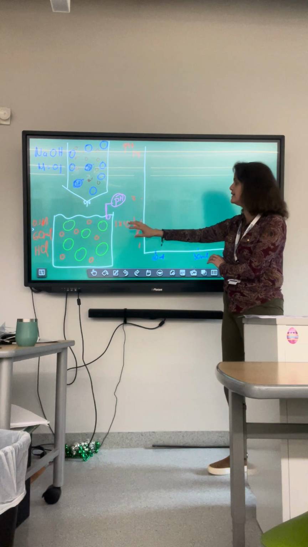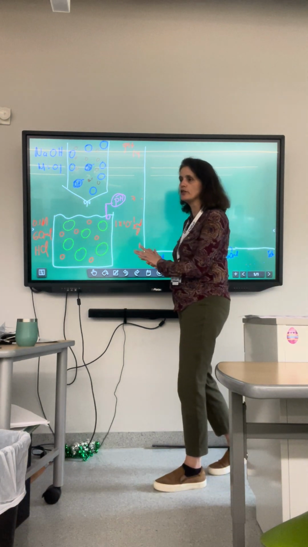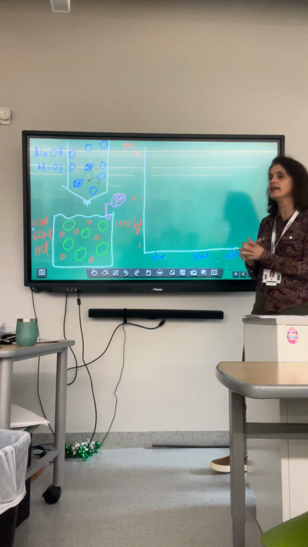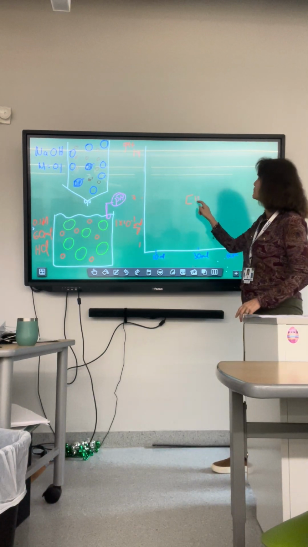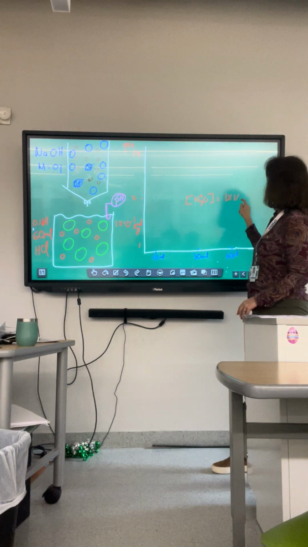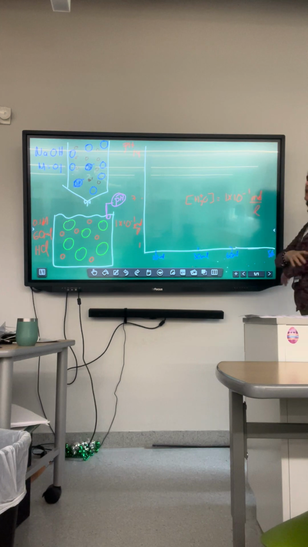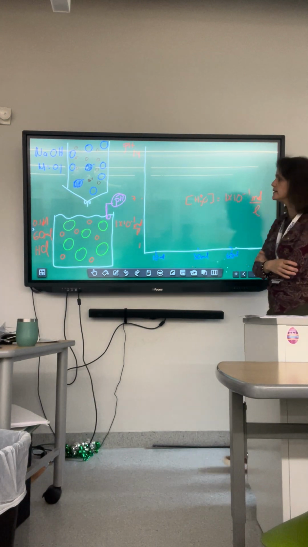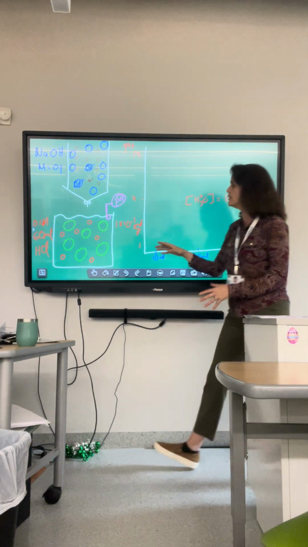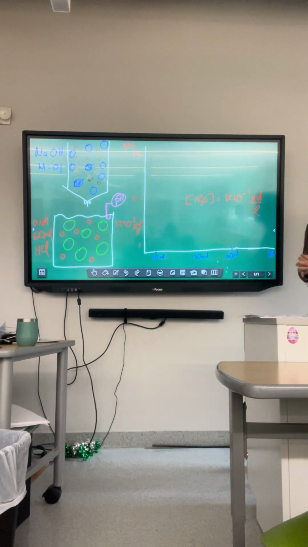The molarity is the concentration of hydrogen ions or hydronium ions in solution. That's the concentration of H plus or H3O plus. It's 1 times 10 to the negative 1 moles per liter. That's what this 0.1 molar is telling me: I have that concentration in that particular solution. So I have 1 times 10 to the negative 1.